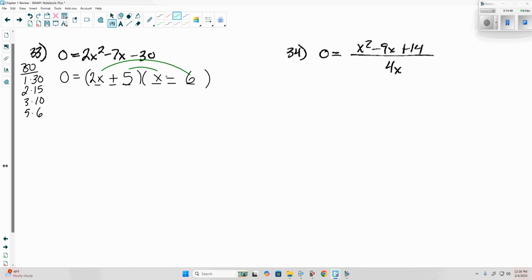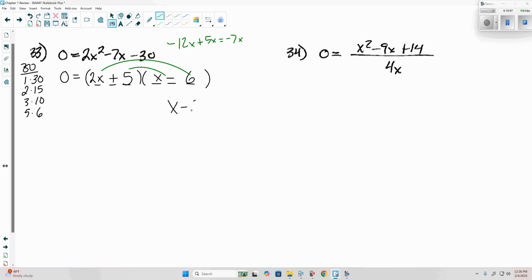And if we check this here, 2x times negative 6 is negative 12x. 5 times x is plus 5x. That gives us negative 7x. Because most likely if we do have an integer answer, it's going to be by itself because we need it to be a solution.